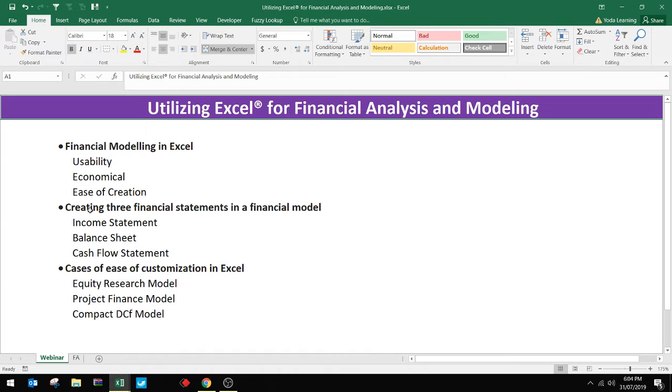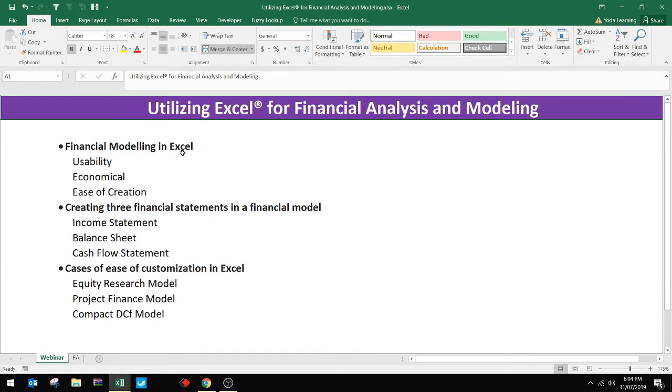We're going to start with the structure of the income statement, balance sheet, and the cash flow statement. And at the end of the webinar, we are going to look at different outputs: equity research model, project finance model, and a compact DCF model that will help us understand the ease of customization that is available in Excel.